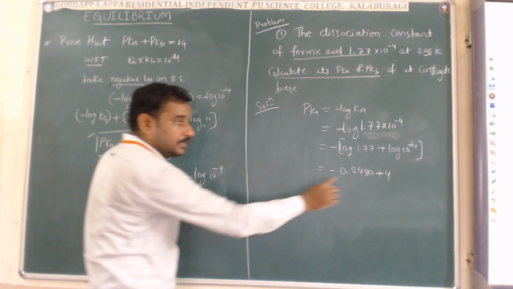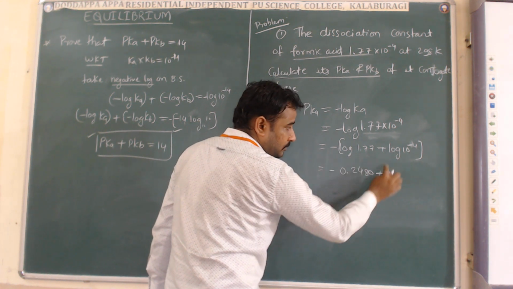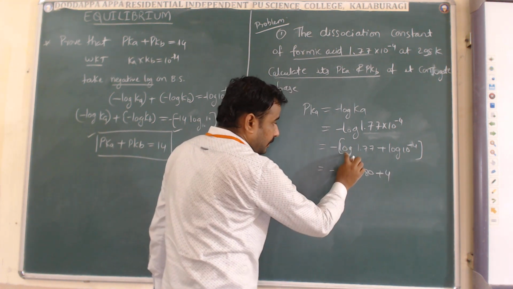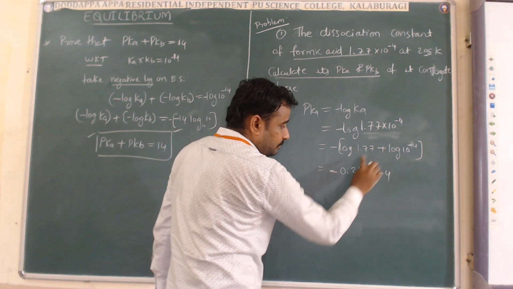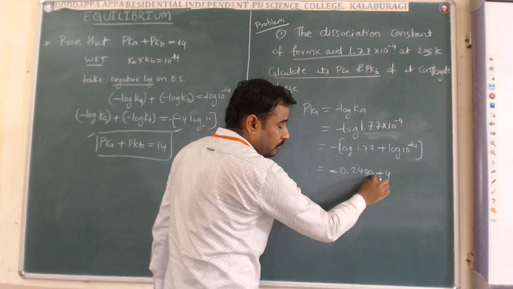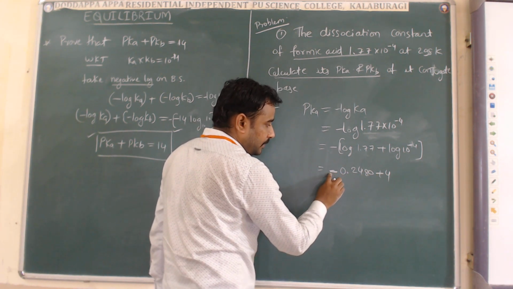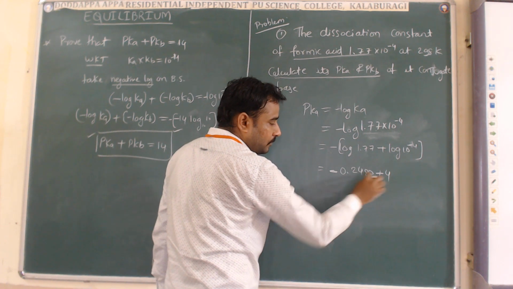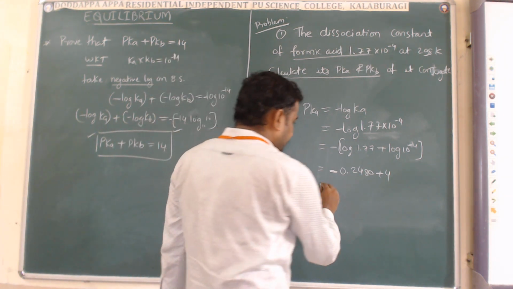This minus 4 has this minus outside, so minus into minus 4 is plus 4 here. Okay, negative log. The log value of 1.77 is 0.2480, so you have to take minus 0.2480.